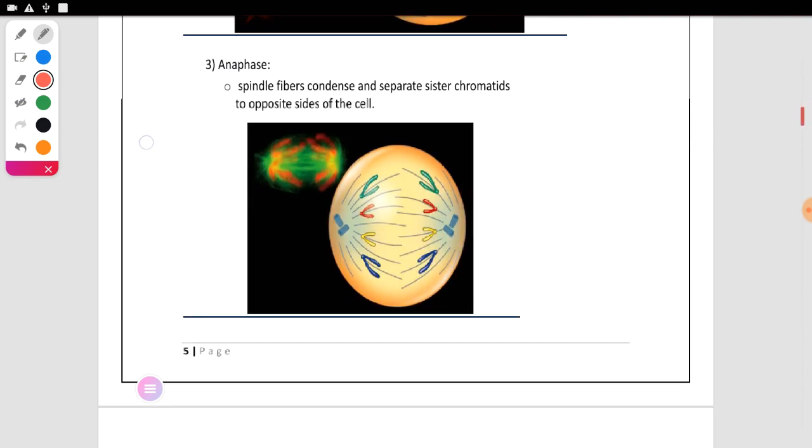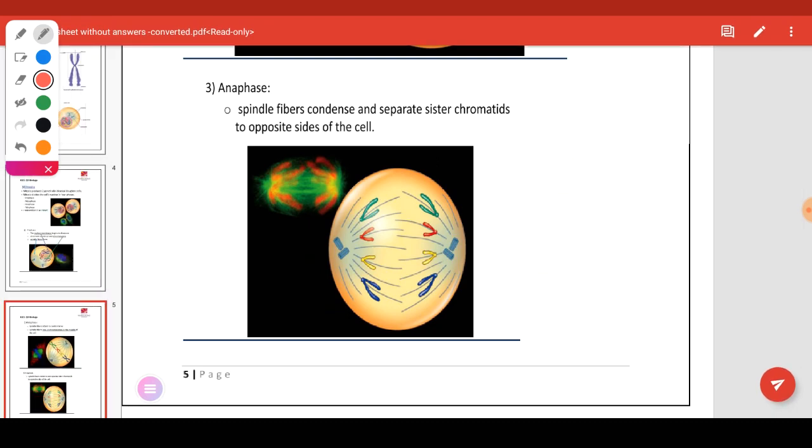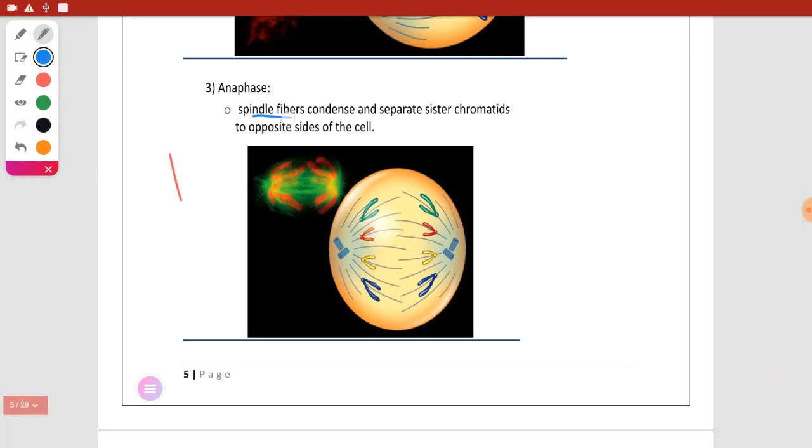After the metaphase, you can see the anaphase. Here you can see that the spindle fibers begin to condense, or pull the chromatids toward themselves. So again, these spindle fibers begin to condense. Condense means that they become shorter. When they become shorter, they pull the chromatids toward themselves.